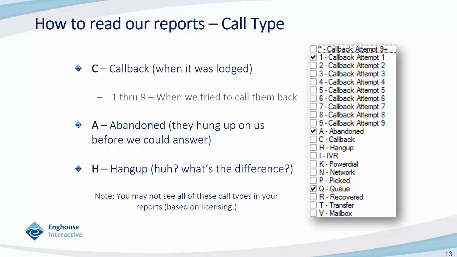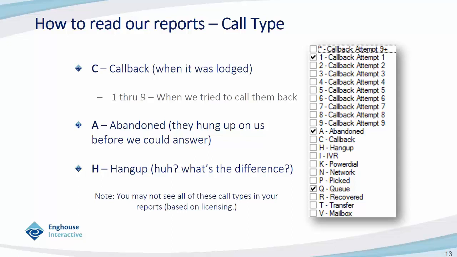Now, the 1 through 9, and even the star, which is at the very top of the column on the right, indicates how many times your agents have tried to call back the people who lodged the callback. So if you see numbers in your queue performance report and wonder, why am I seeing a 2 or a 1, what does that mean?